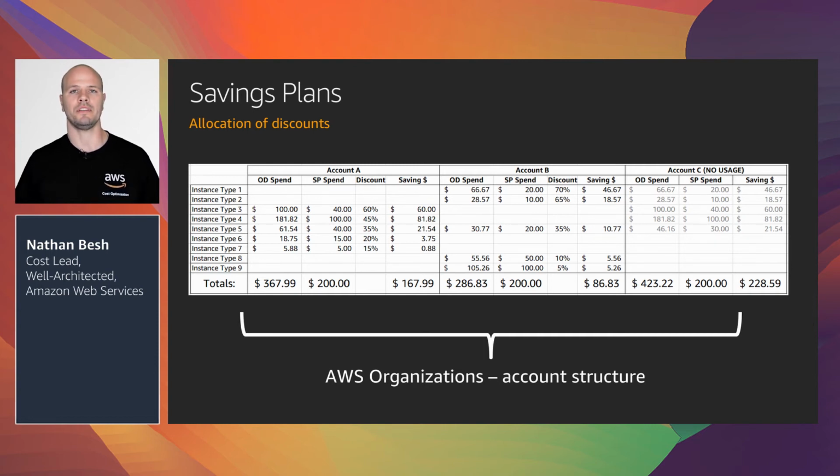If you purchase a savings plan in this account, you can see that it virtually brings across the highest discounts so that a $200 savings plan will give you the most amount of savings at about $228. So always purchase your savings plans in an account with no usage. It'll then add up the biggest discounts across your entire AWS organization and you get the best value from it.